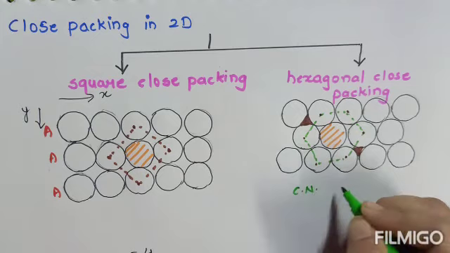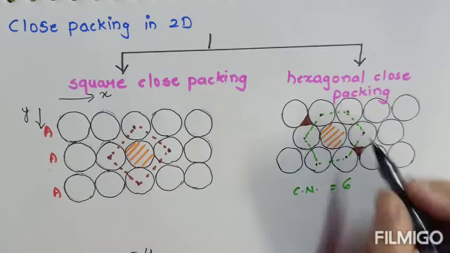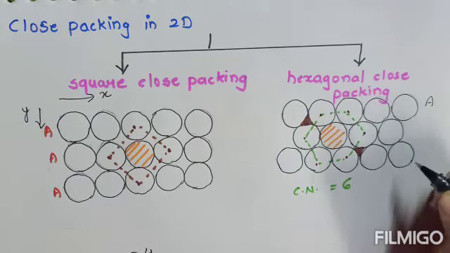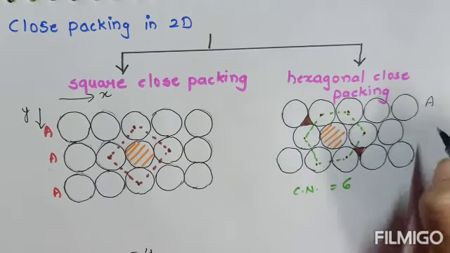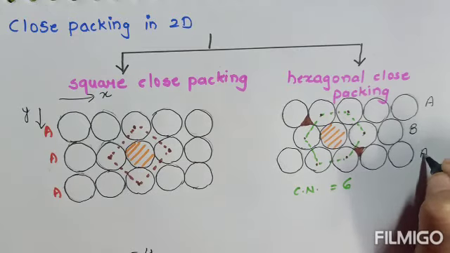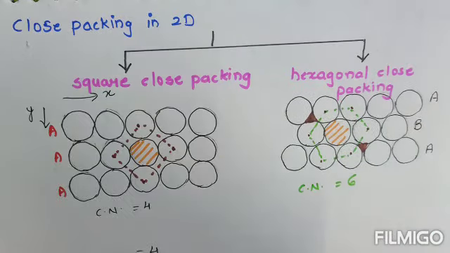Obviously, the coordination number for this arrangement is 6. So in 2 dimensions, there are 2 possibilities of arranging the constituent particles: one gives square close packing and another gives hexagonal close packing. In hexagonal close packing, the first layer is arranged in one way and the second layer in a different way, and therefore this is called AB type of packing.